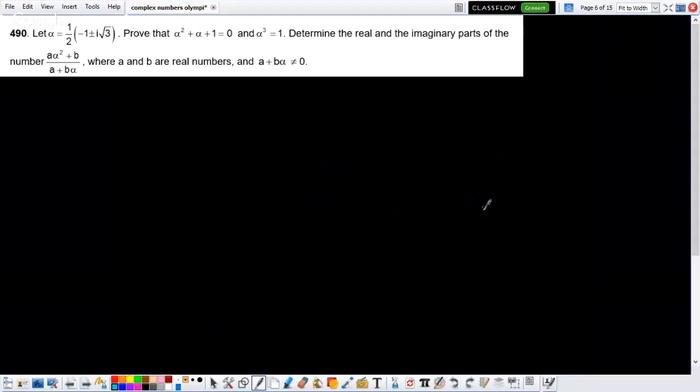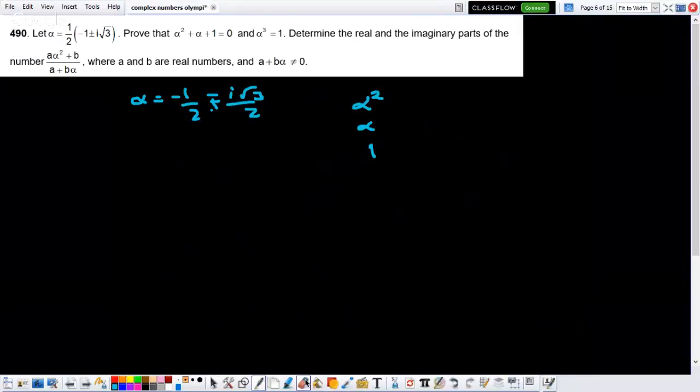For alpha squared plus alpha plus 1, there are 2 ways you can calculate it. You can do it like this: alpha is equal to minus 1 over 2 plus or minus i root 3 over 2. So you can get alpha squared, what it is, then alpha, and you will add that to 1.